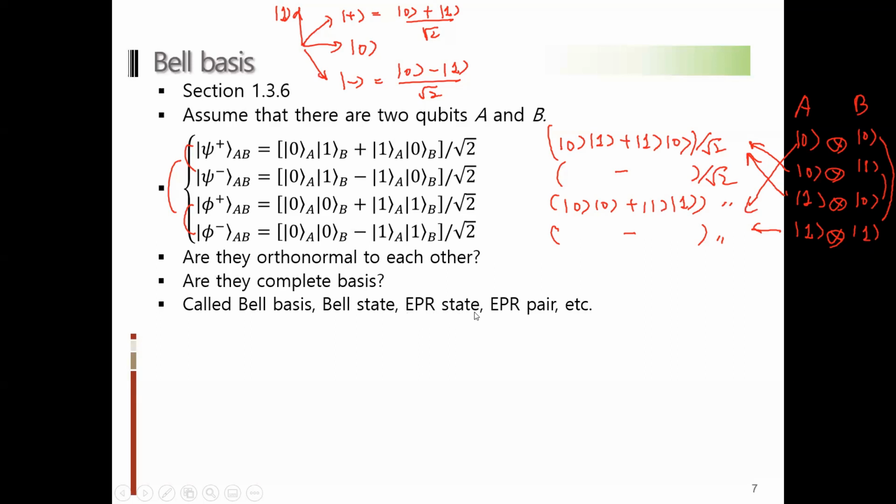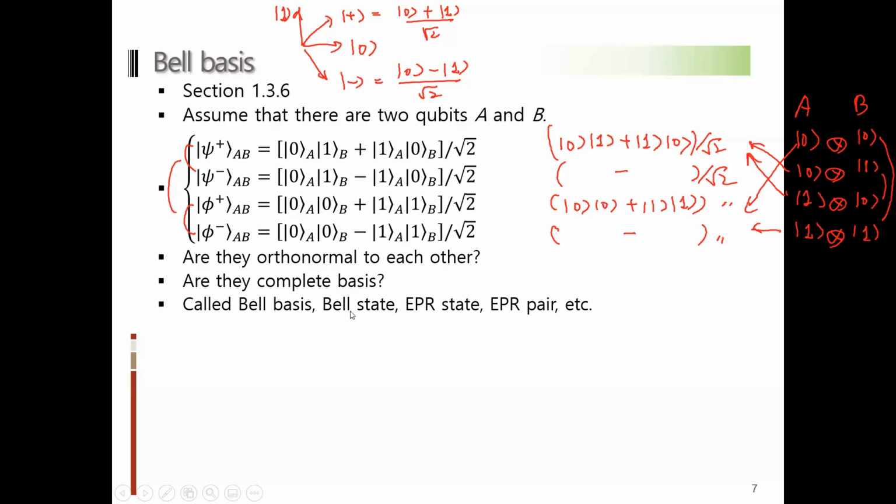A lot of people did not believe in quantum mechanics. These three had a discussion of how to disprove quantum mechanics, and they came up with a weird state, which is now known as the entangled state. But at that time, it didn't have any name, so people used to call this state the EPR state.